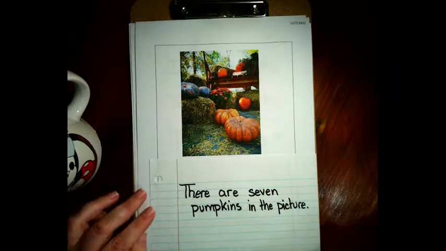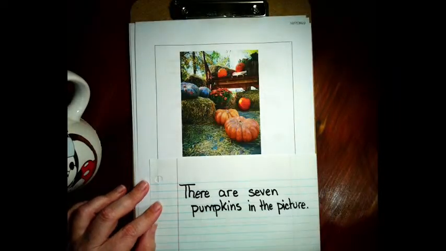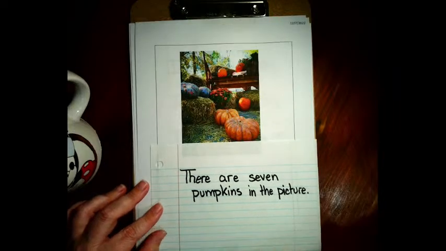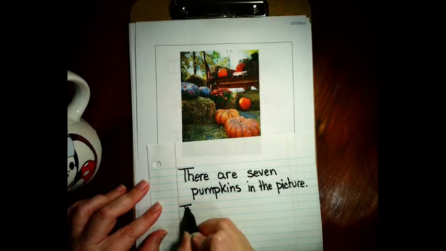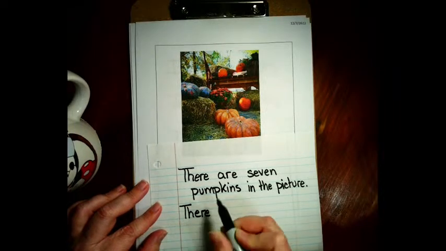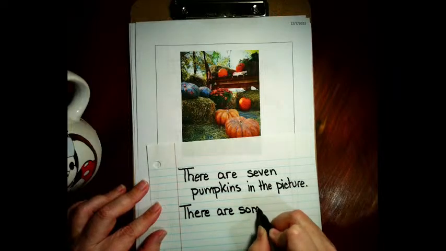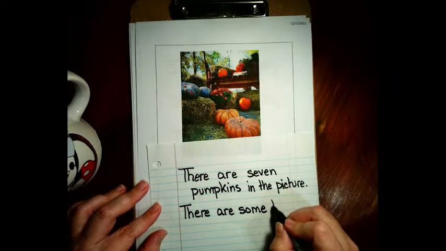There's not that many. How about the flowers? Would I count the flowers? Probably not. So how could I use that to say there's flowers without using a number? I could say, "There are some flowers." I can use the word "some."